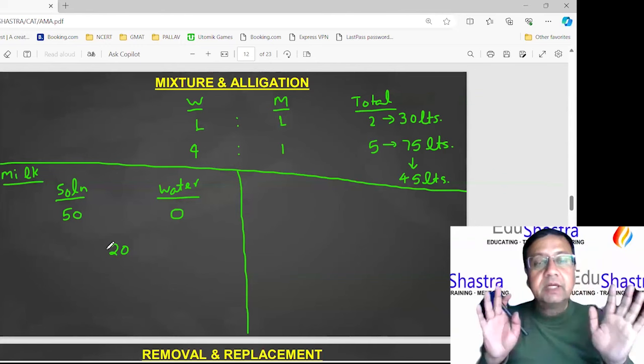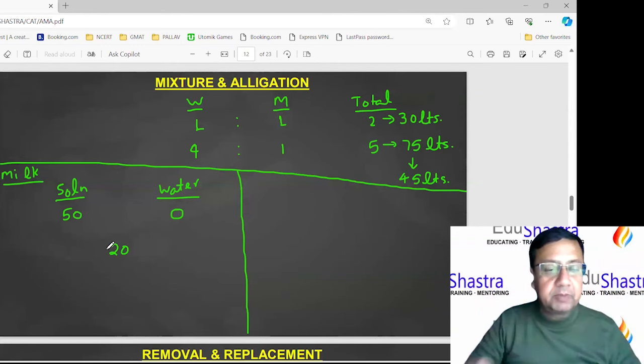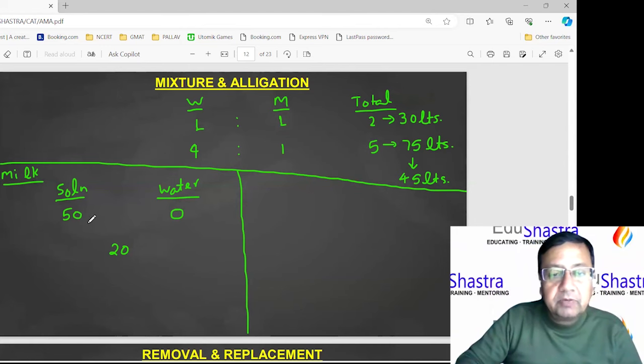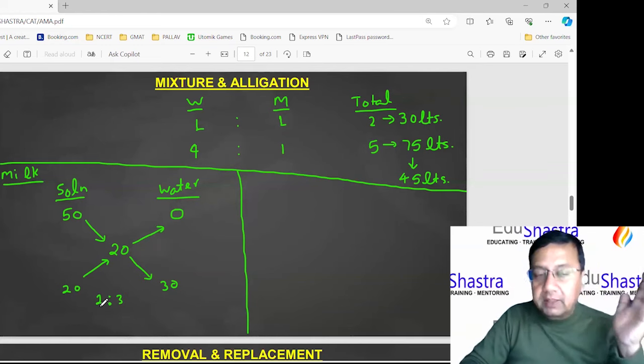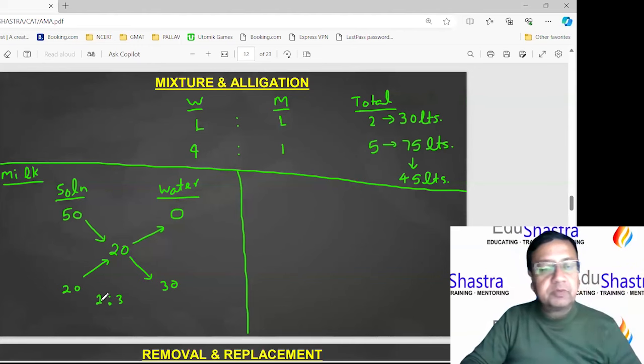There is nothing to memorize, right? From the bigger number, subtract this average. So 50 minus 20, 30. From the average, subtract the smaller number, so this is 20. Ratio is coming out to be 2:3, right? So this means 2 parts is solution and 3 parts is water.